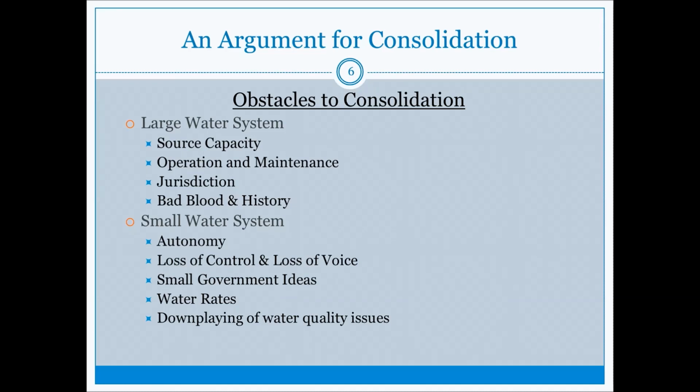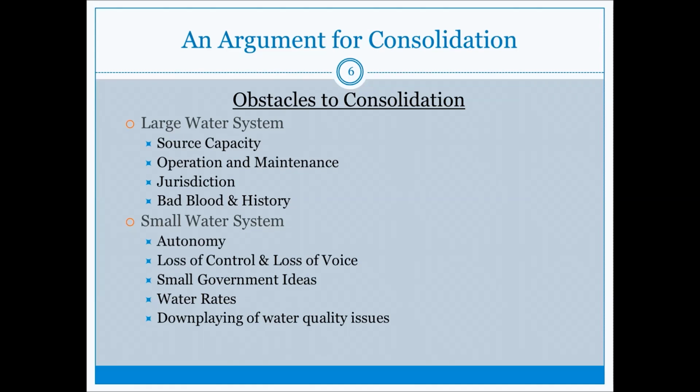I think the last one, the bad blood in history, which really what I'm trying to say is just that oftentimes, for whatever reason, people don't want to do it. They don't have that want. And it could be from really anything. And I think sometimes the other three, source capacity, jurisdiction, operations and maintenance, and maybe other reasons, may be a little overblown.